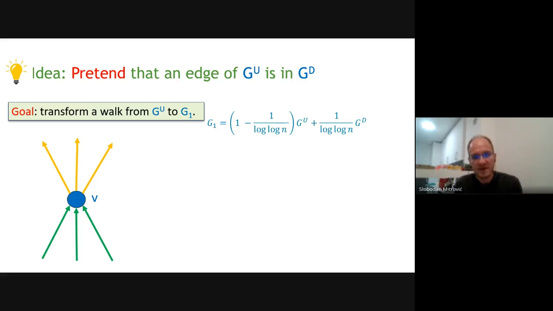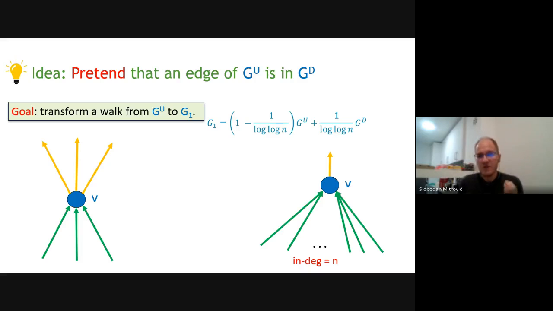Now this example is nice, but there are examples which are ugly in this regard, where you have so many incoming edges, but so few outgoing edges, so that if you take a random edge incident to V, very likely it will be incoming, but we would like to take an outgoing edge.